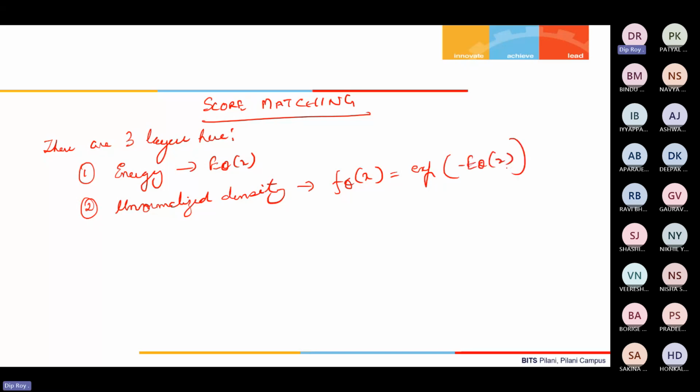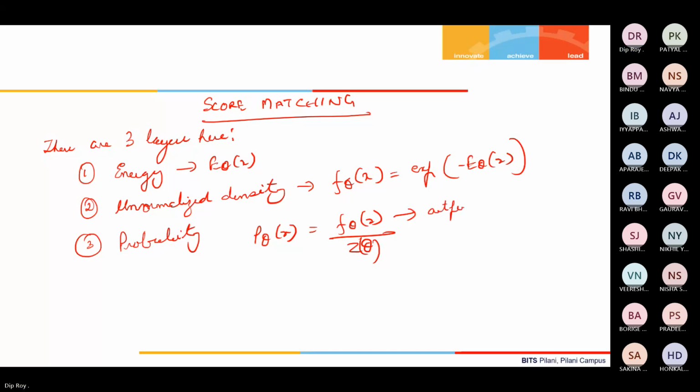And the third layer is your actual, normalized probability, which is given by p theta x equal to f theta x divided by Z theta. Nothing to get confused about. Instead of writing this exponential form, we have just written it in a compressed form, which will represent the output of the neural network. f theta x is nothing but the output of the neural network.